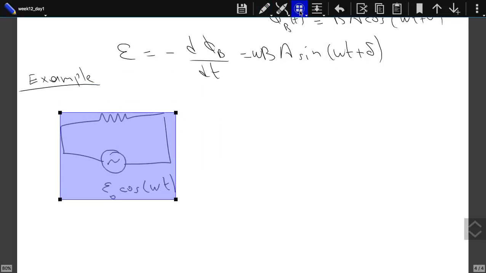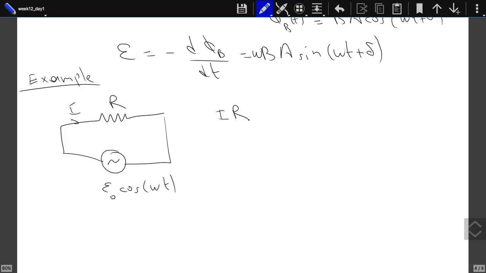Well, in this case, we can still use Kirchhoff's rules. Let's choose a positive direction of the current. This is I0. Across the resistor, the potential drop is I times R. Then we have the potential drop across this alternating source.